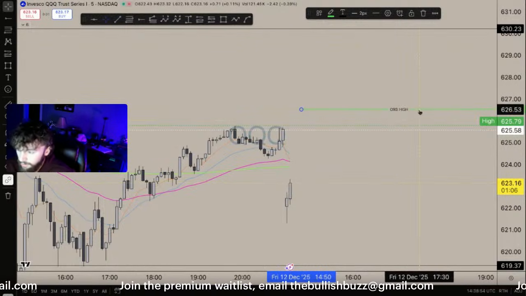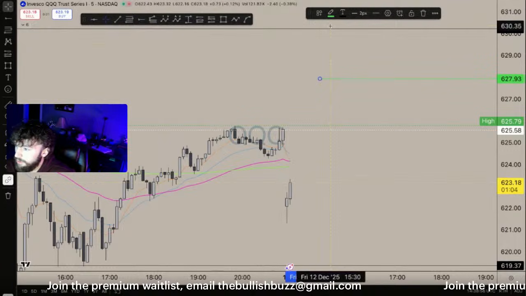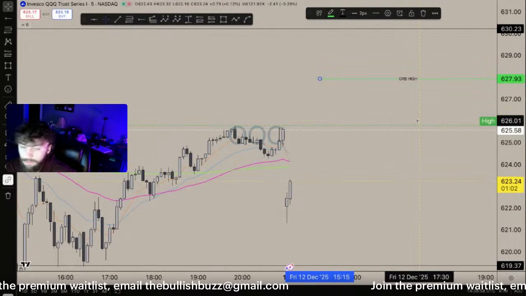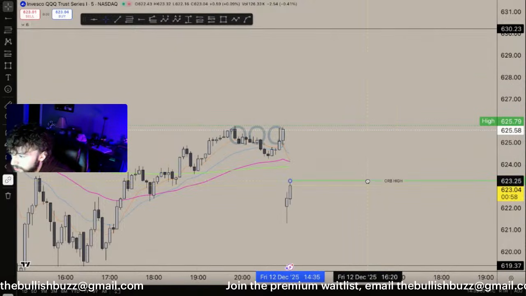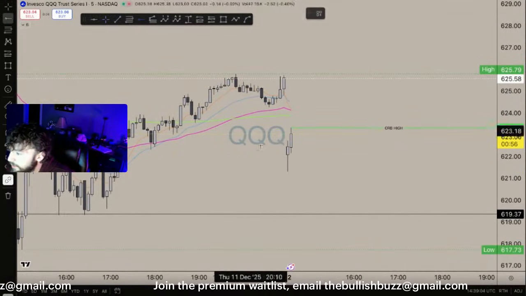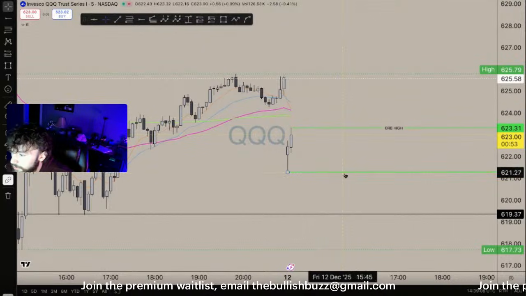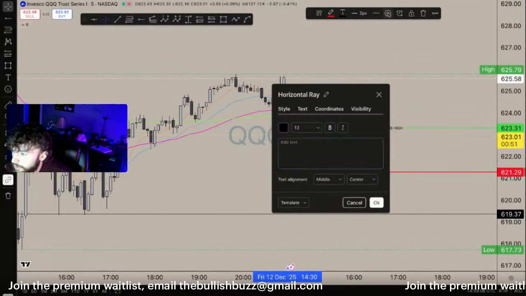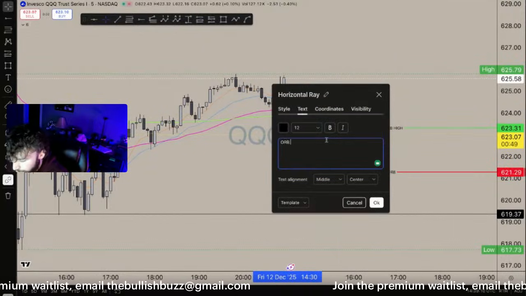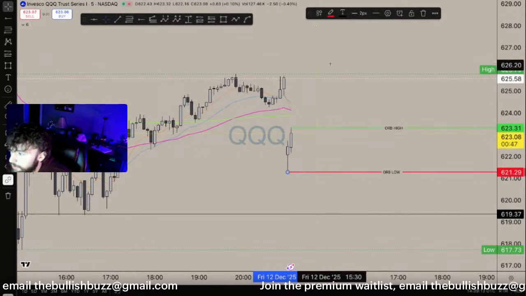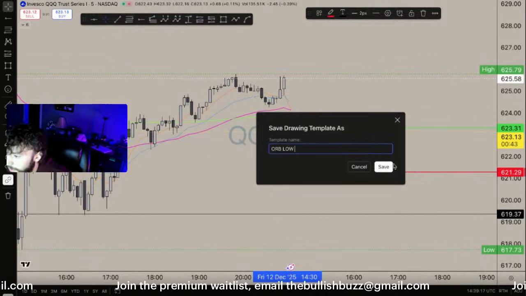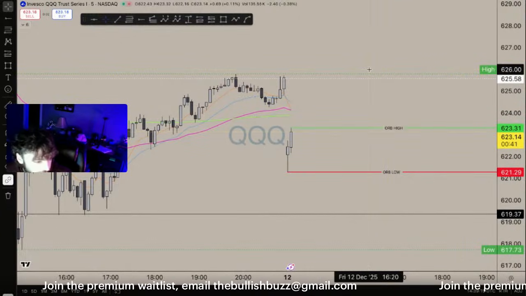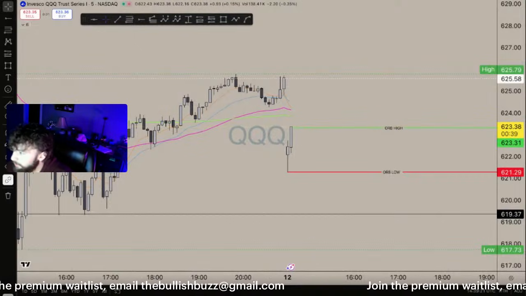So look, now every single time I want to build something like this, boom, ORB high. I don't know why I haven't done this sooner, but now that we're here, I can show you guys. Boom, ORB high. I'm going to make the same for an ORB low. Boom, ORB low. Save template, ORB low. Bang. Easy peasy lemon squeezy.